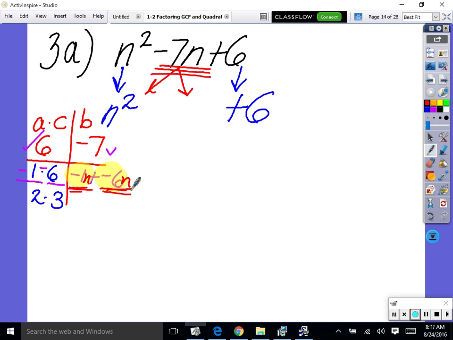So we're going to insert those in for the break part. We're rewriting -7n as -1n and -6n. Now I'm going to tell you something. You can put it in any order on the break part. So I could have switched these and put first -6n - 1n. Okay, so order doesn't matter.